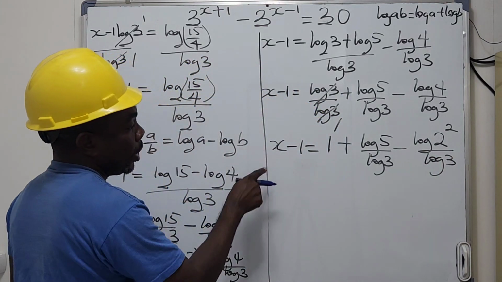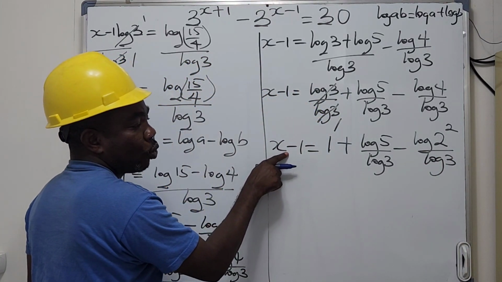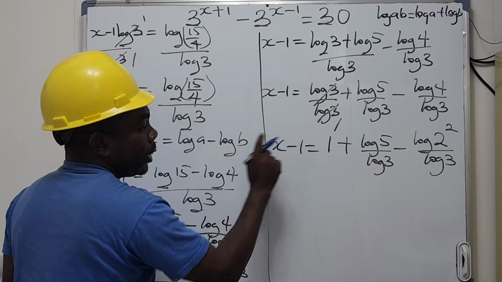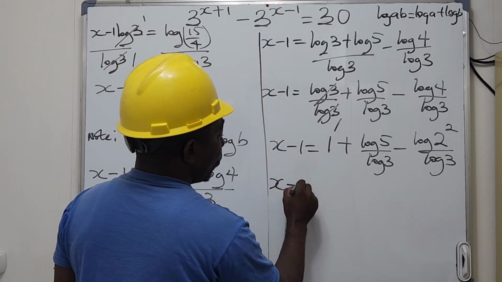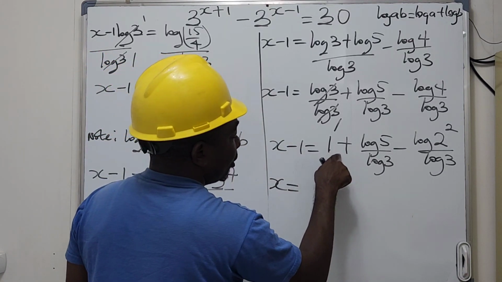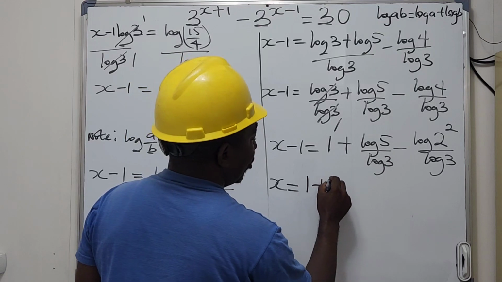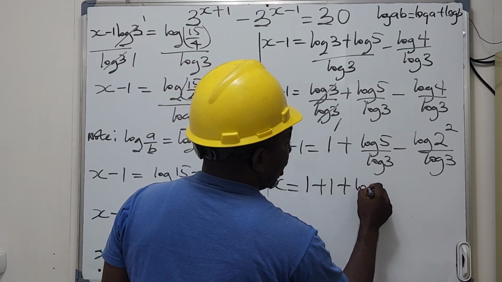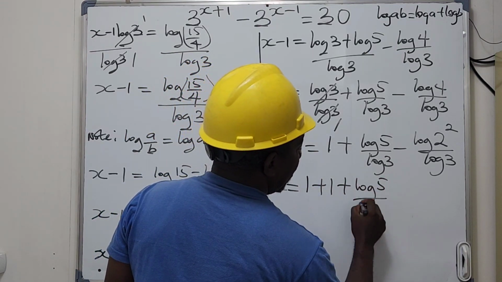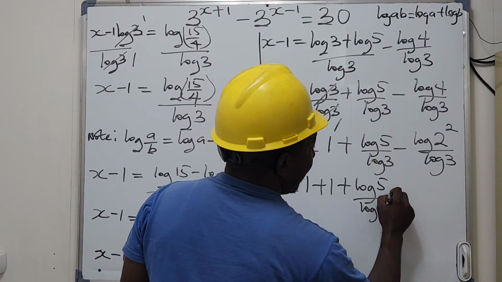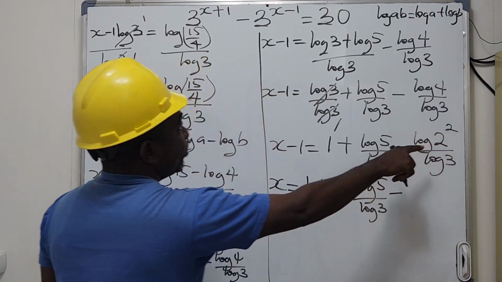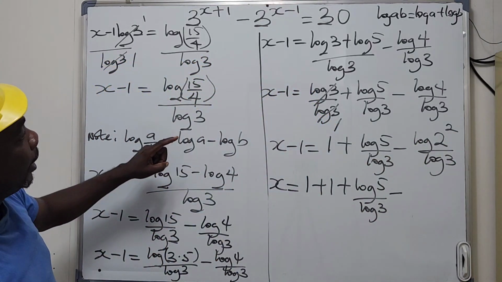So in this case, we can simply transpose minus 1 to this other side. So this will become x equals, when this transposes to the other side it becomes plus 1, we have plus log 5 all over log 3 minus this, expressing that in this format.